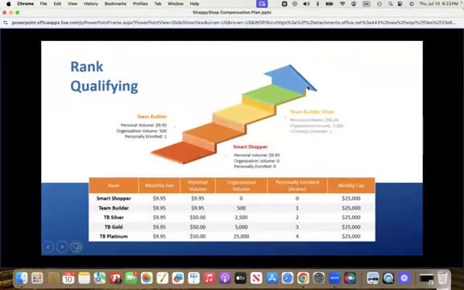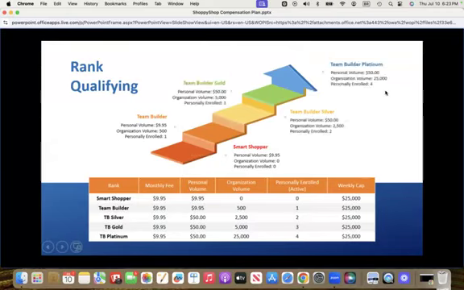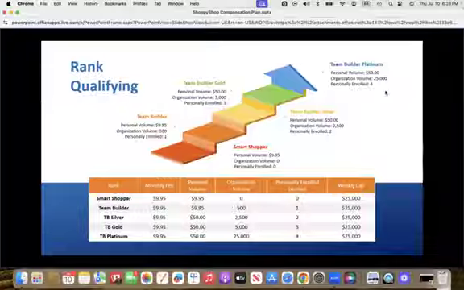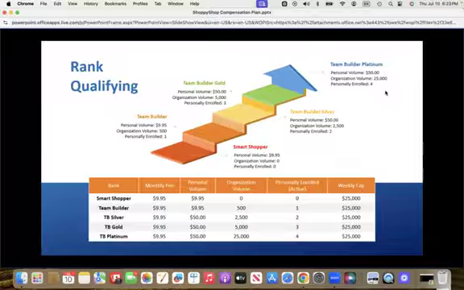Now let's talk about qualifying. This is something that I think you guys will really like because we made this so simple. We made it where people didn't have to jump through a ton of hoops to be able to hit any kind of rank. So let's take an example. Let's go with team builder. To be a team builder, you need a monthly 9.95 membership that you're paying. You need a personal volume of $9.95.